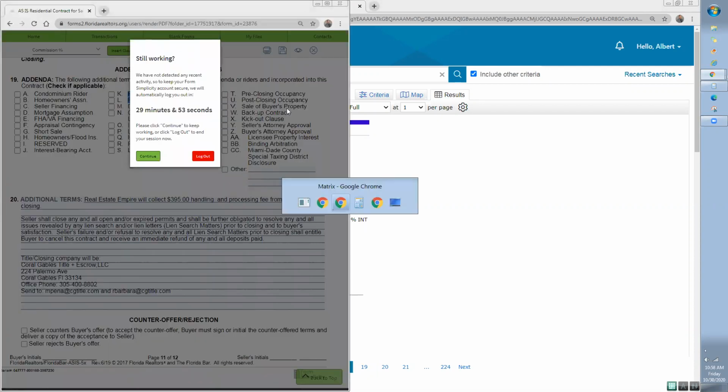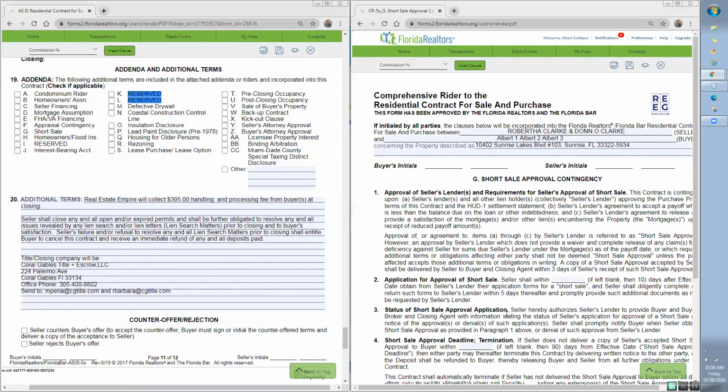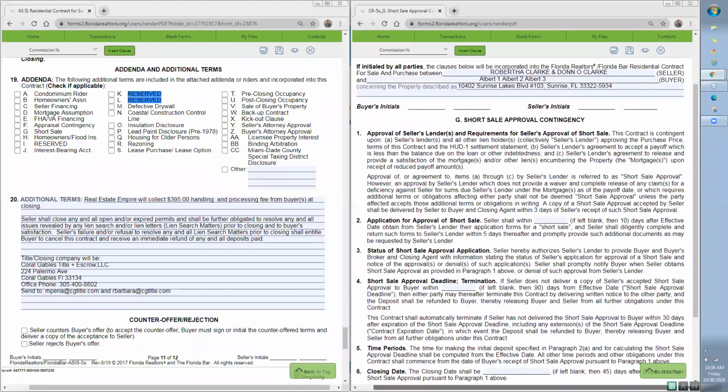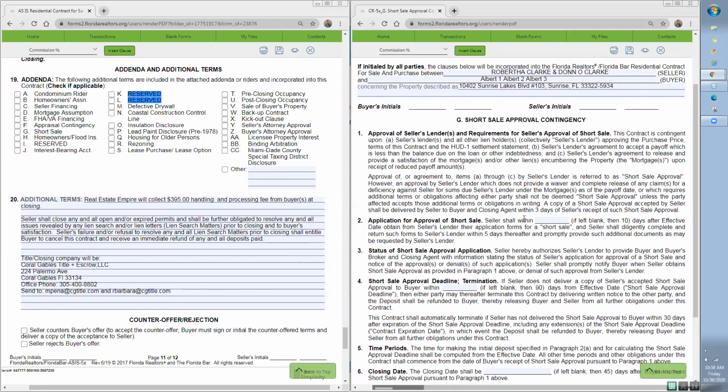Okay, that being said, this is the short sale documentation. And it basically says that we understand that the approval of the seller's lender is required for the approval of this short sale. Number 2 is the application for approval of short sale. Once we send this offer and the seller agrees, the seller has to send it to the bank within 10 days of the effective date of the contract in order for the bank to be able to approve this short sale.